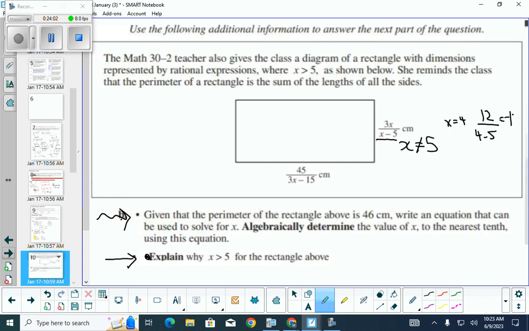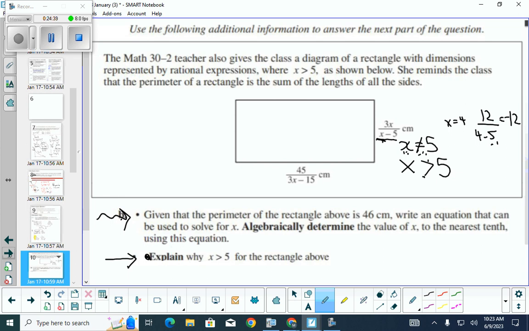Well, that's going to give me a number of negative 12. Does it make sense that I can have a side length of negative 12 centimeters? No. So the way to make sure that I don't ever end up with a negative is to make sure that when I plug in numbers, I plug in numbers that are only bigger than 5. Because if I plug in a number less than 5, like a 3 or a 2 or a 1 or a 0, as long as I don't plug in 5, right? But if I plug in anything less than 5, I'm going to end up with a negative. So I have to make sure I only plug in numbers bigger than 5.